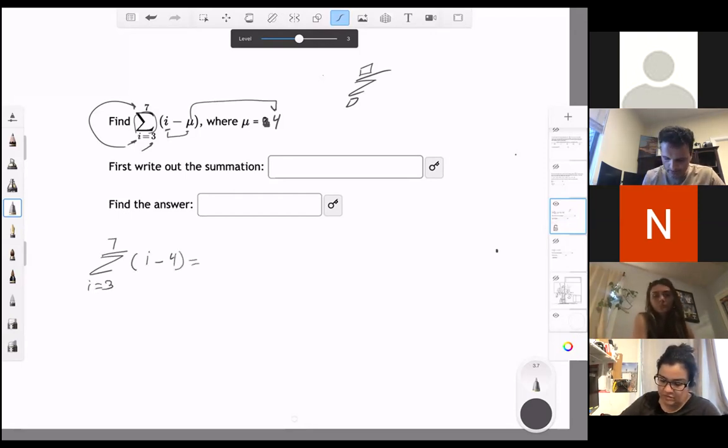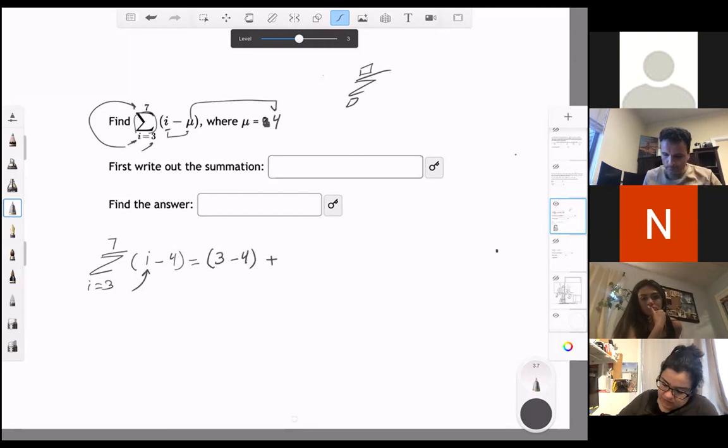Now, instead of this i, I will substitute different values. Start from 3, so it will be 3 minus 4. This is one parenthesis, plus 4 minus 4, plus 5 minus 4, plus 6 minus 4, plus 7 minus 4.